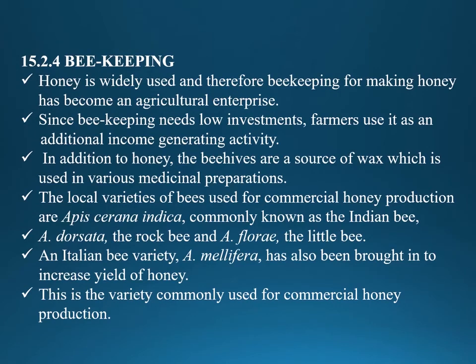I repeat, Apis indica, Indian bee, Apis dorsata, rock bee, Apis florea, little bee. Right? Then Italian bee வந்து Apis mellifera. I hope you are able to follow this. This is beekeeping.